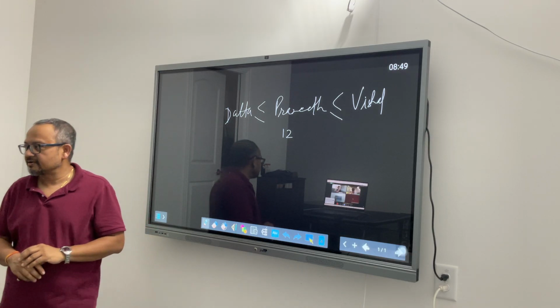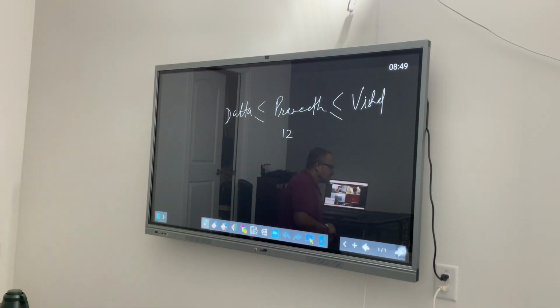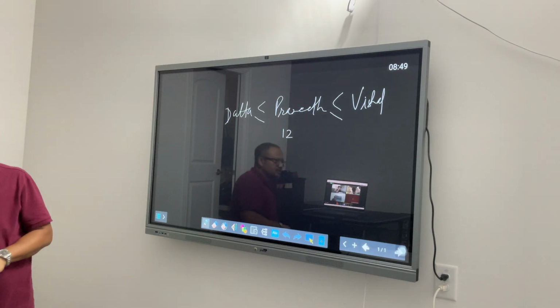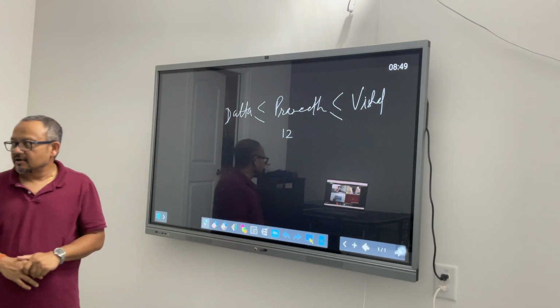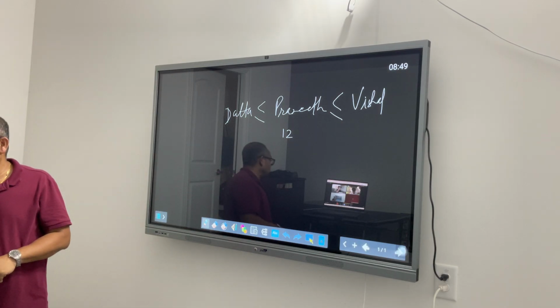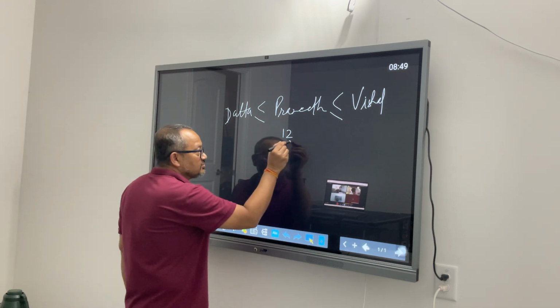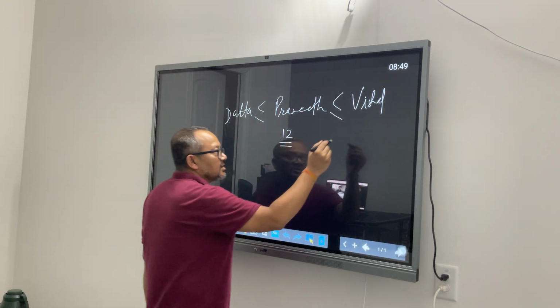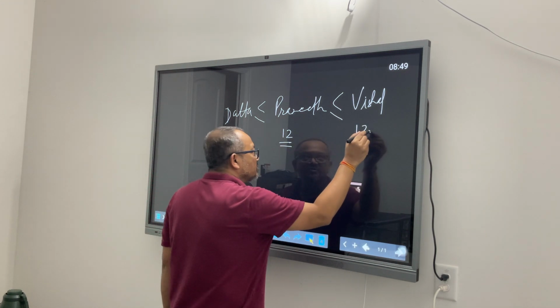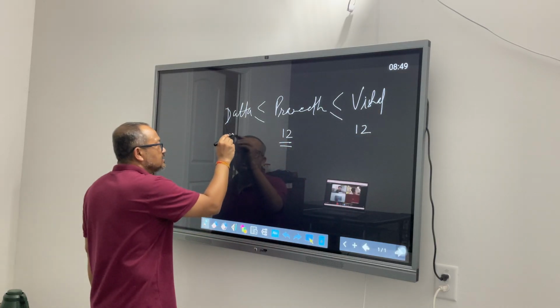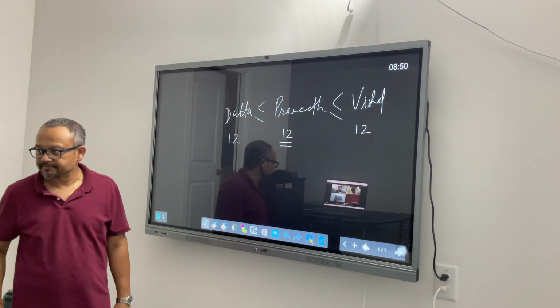Yes, right. Praneeth is saying that if his age is 12 years, Vishal's age will also be 12 years and Datta's will also be 12 years.